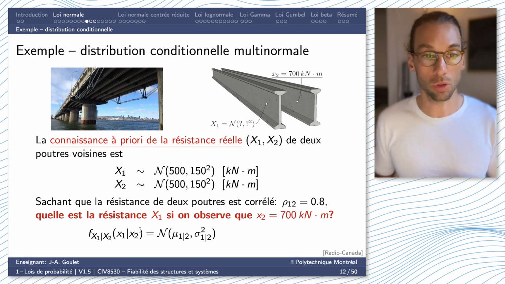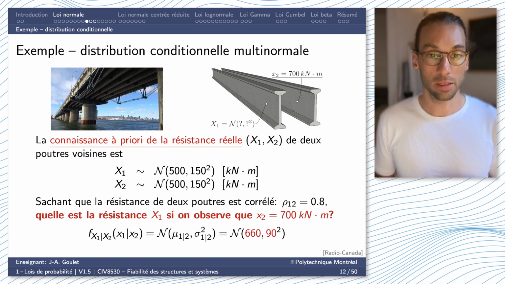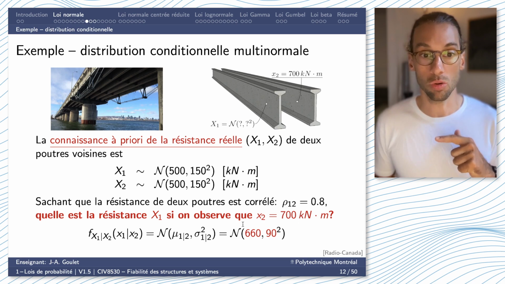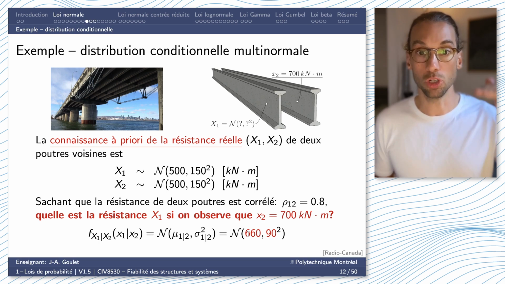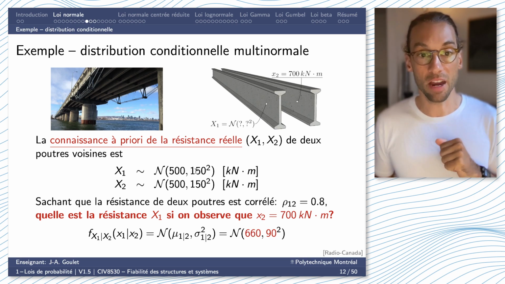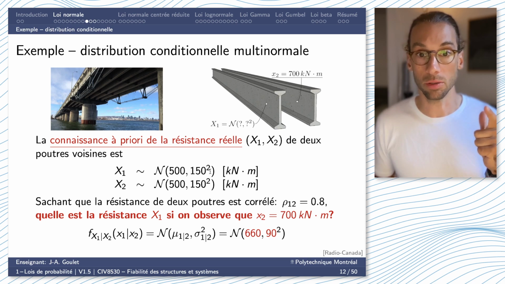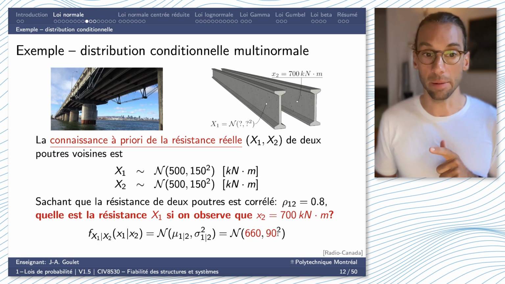We compute our conditional mean and conditional variance, and the result is going to be 660 and 90. So my prior was 500. After observing 700 for beam 2, the expected value jumped to 660, and my standard deviation, initially 150 kilonewton meters, drops down to 90.